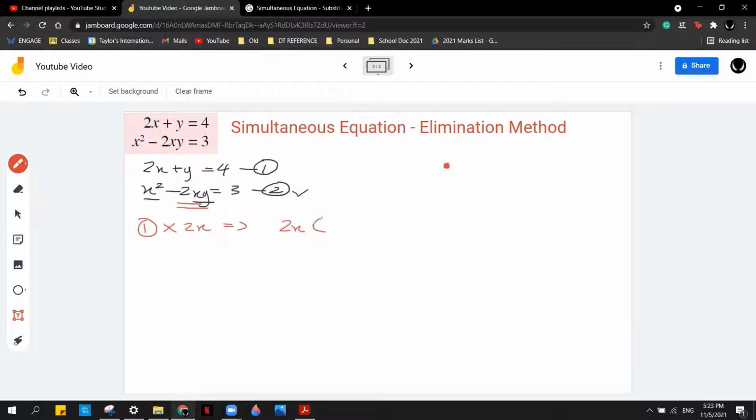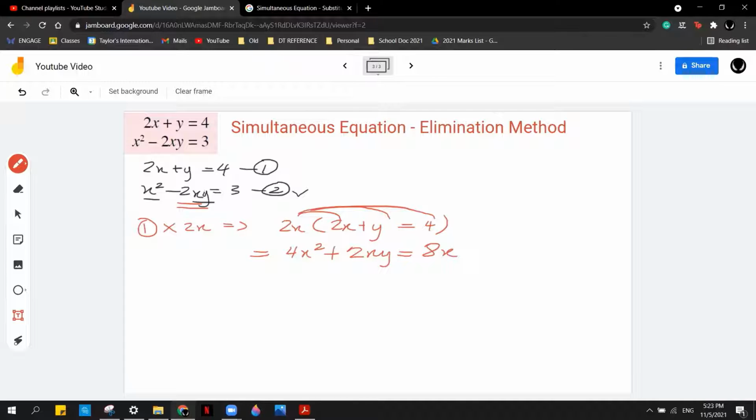Let's rewrite the equation again: 2x plus y equals 4. When 2x times 2x, you get 4x squared. 2x times y, you get 2xy. And you times the last one with the 4, you get 8x.